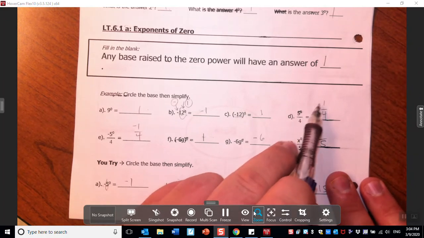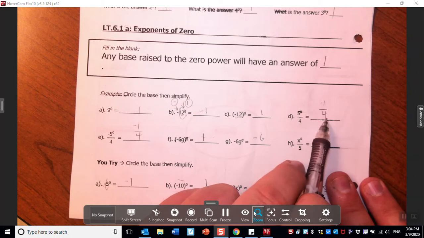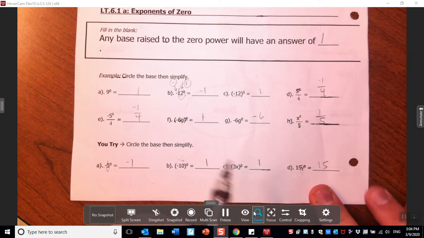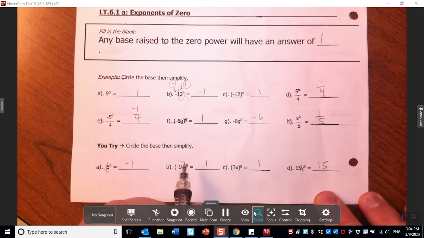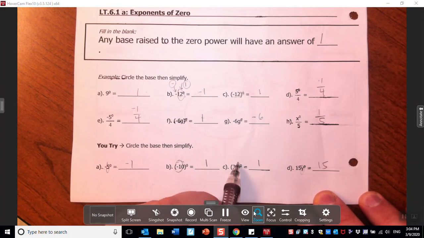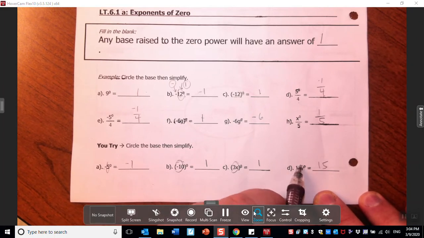Same here. 5 raised to the 0 power is 1, divided by 4 is 1/4. And that's pretty much the same for all of these. So circle the base and then simplify. Here's the base. Here's the base. Here's the base. And here's the base.